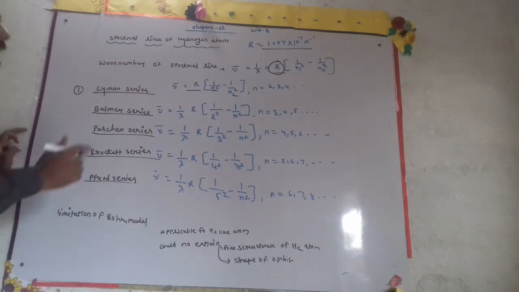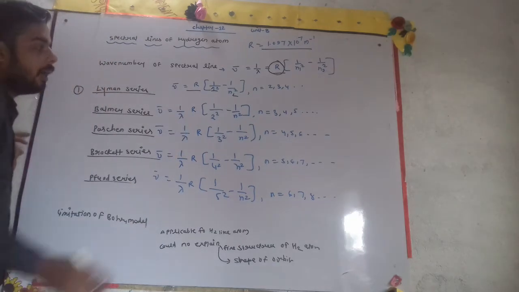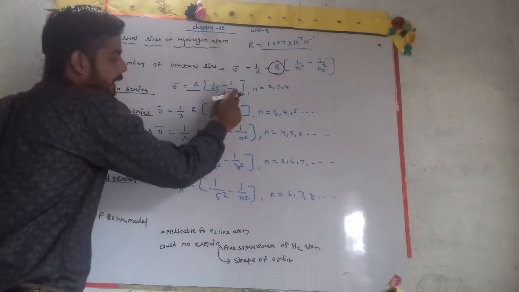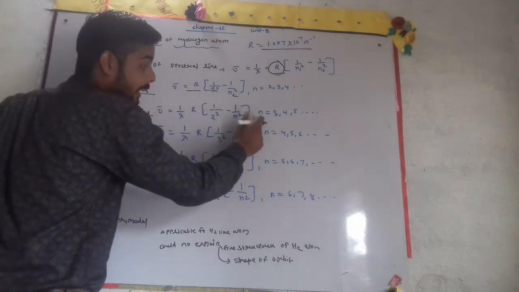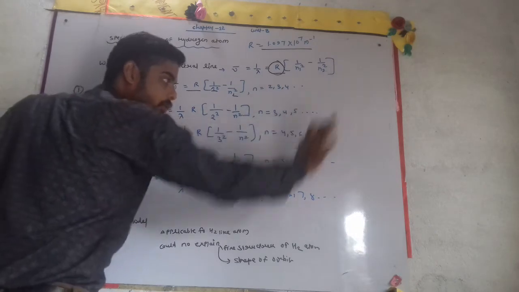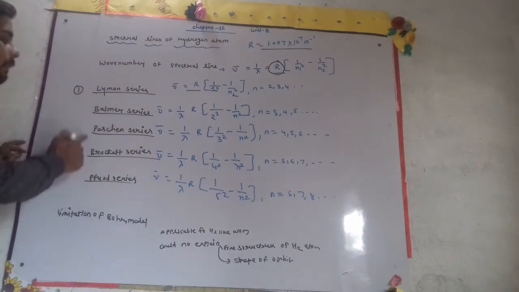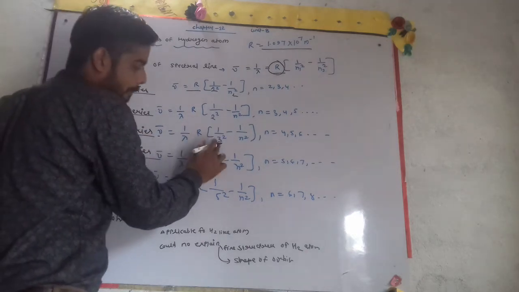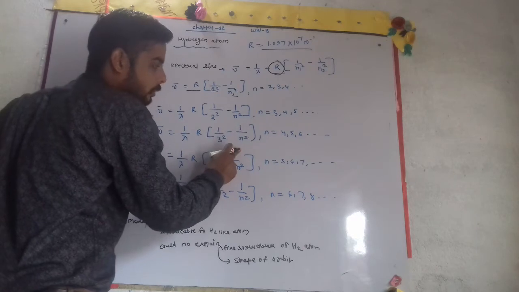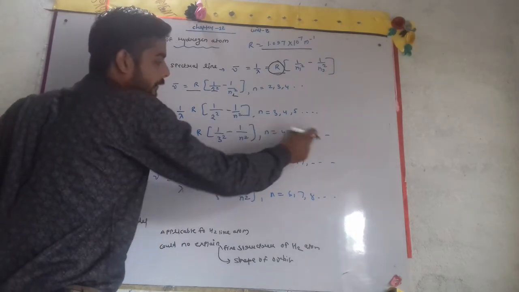Second is the Balmer series. In the Balmer series, nu bar equals 1 upon lambda equals R times 1 upon 2 square minus 1 upon n2 square, because they start from 2, so n2 will be 3, 4, 5 and so on. Third is the Paschen series: nu bar equals 1 upon lambda equals R times 1 upon 3 square minus 1 upon n2 square, where n equals 4, 5, 6.